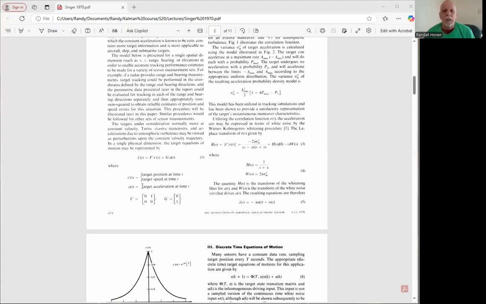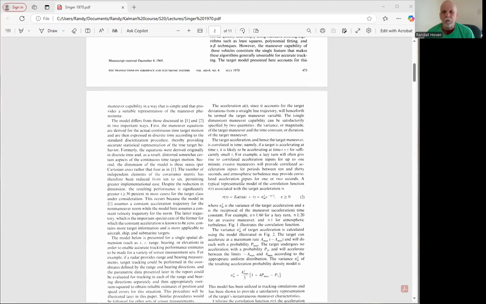It's just a state vector x, position, and you should say velocity here, position and velocity of your vehicle that you're tracking. And he's interested in other airplanes. The input is acceleration. Here's the F and G. You should be fairly familiar with that.